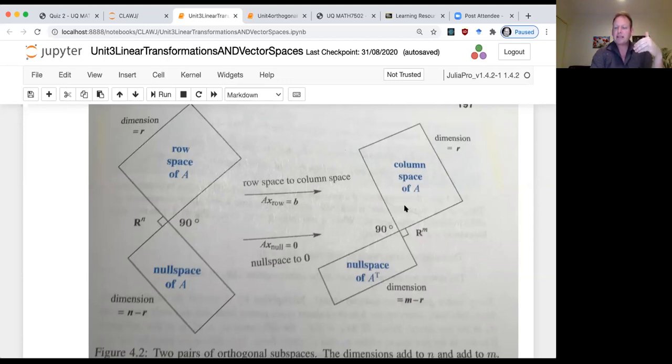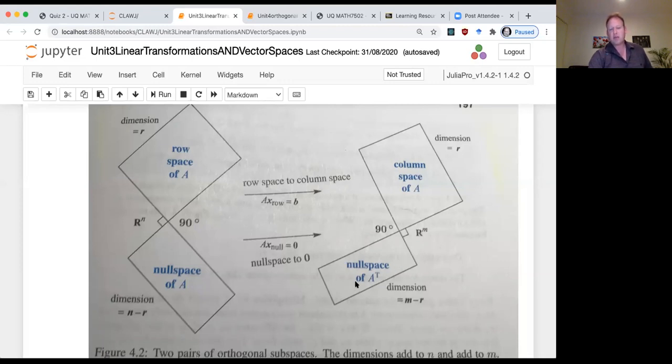And in a sense, the null space of A transpose is the complement of this column space. Now, when we say complement in the notion of set theory, you can take the full thing, Rm, and say, if this is some set, then this is another set.